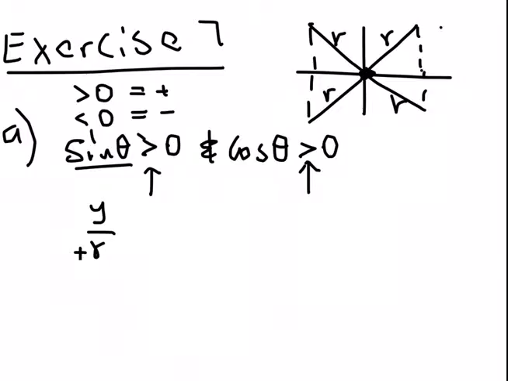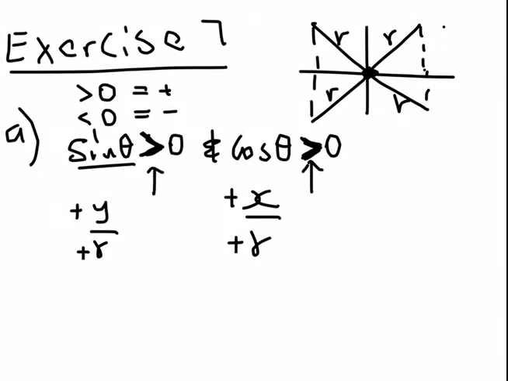For us to have an answer greater than 0, y also has to be positive. Now the other one, cos: for an answer greater than 0, which means a positive answer, we know cos is the ratio of x over r, where r is always positive. So x is also forced to be positive, so that the answer is greater than 0.